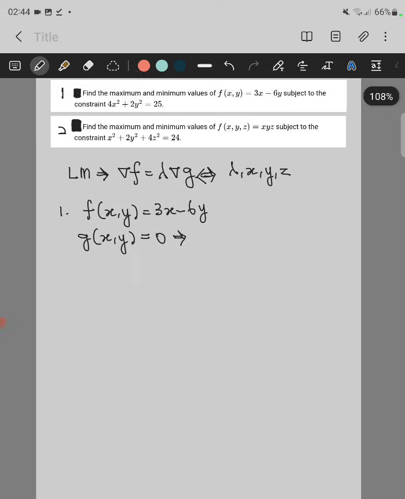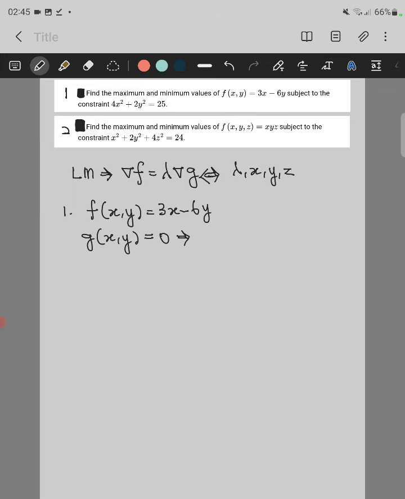So we can rewrite this as 4x squared plus 2y squared minus 25 equals 0. Therefore we can define our g(x,y) as 4x squared plus 2y squared minus 25.